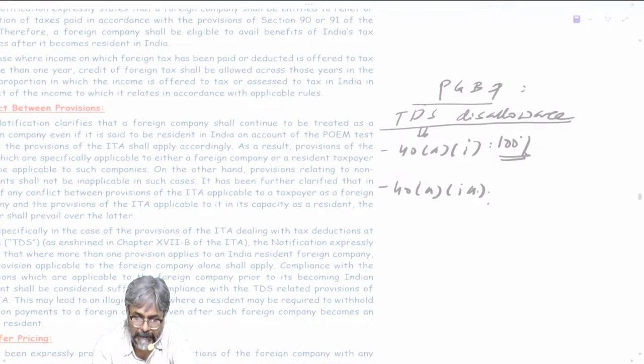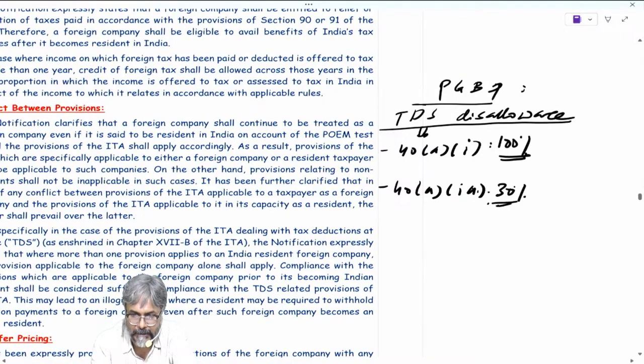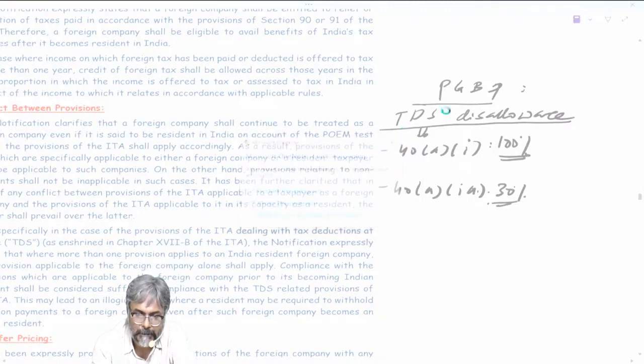For 40A(i), I am talking about it, 100% will be the disallowance, and so far as 40A(ia) is concerned, the disallowance would be at the rate of 30%, students, isn't it? So that is the two disallowances, one at 100, another at 30.